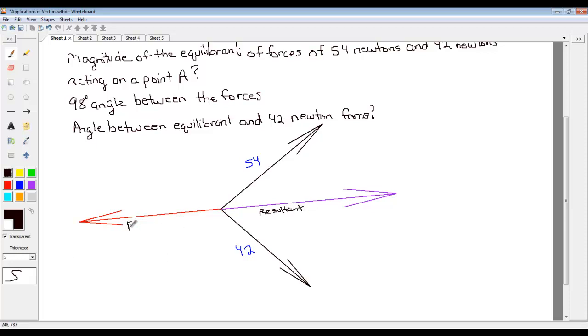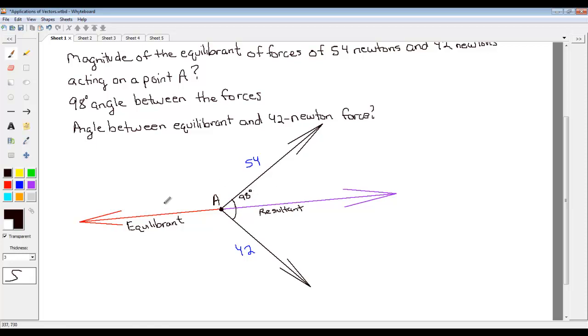It's going to be the opposite direction, but it's going to have the same magnitude as the resultant vector. It cancels out or balances out that resultant vector. All right, and then we're told that these forces are acting on a point A right here. And we're told that the angle here between the two forces was 98 degrees.